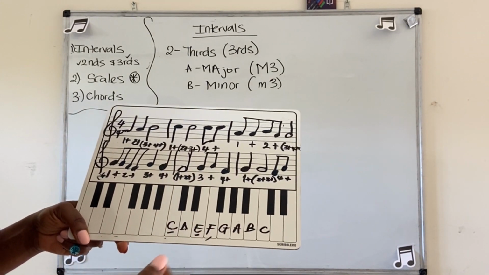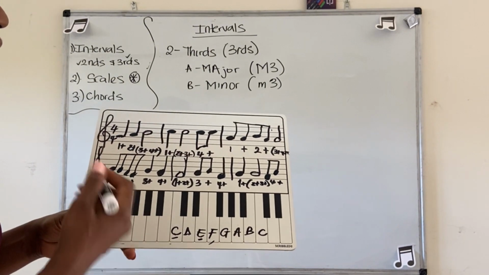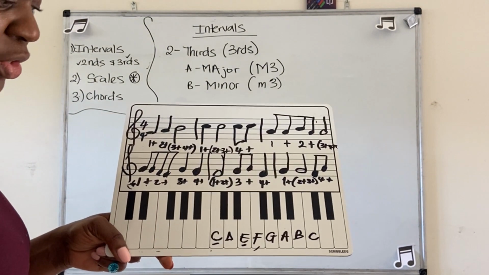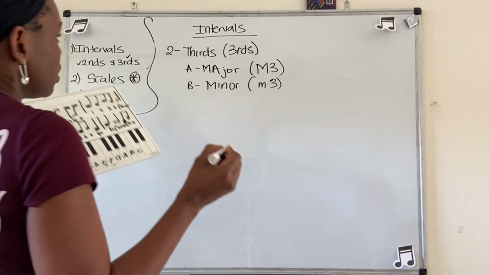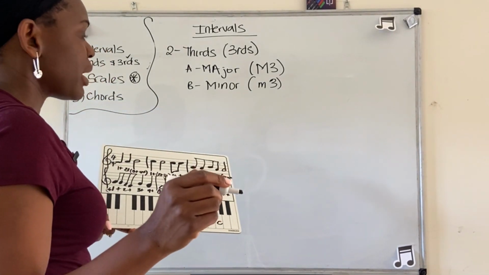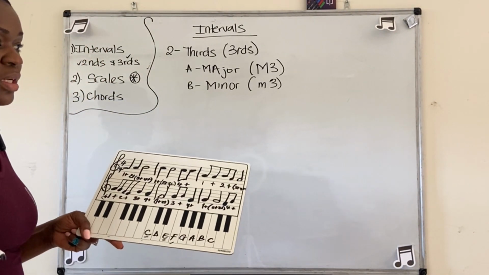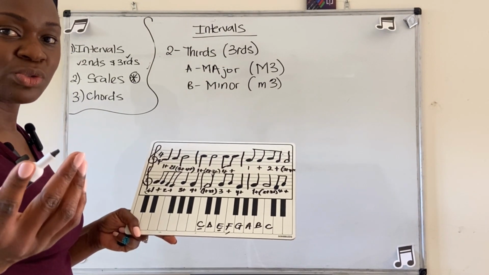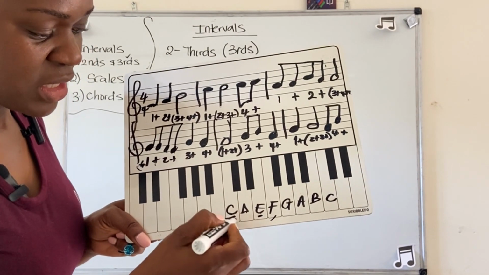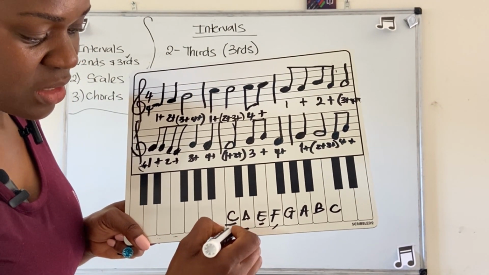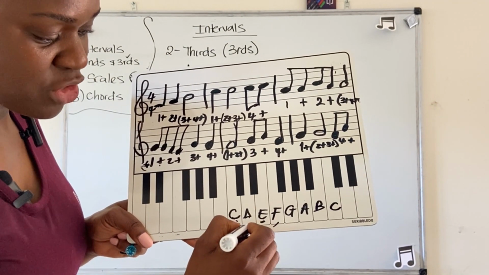So the thirds can also be minor or major, just like we had for seconds. We mentioned seconds. A whole step contains what? 2 half steps. This is a C and D. This is a whole step, which is a major second.